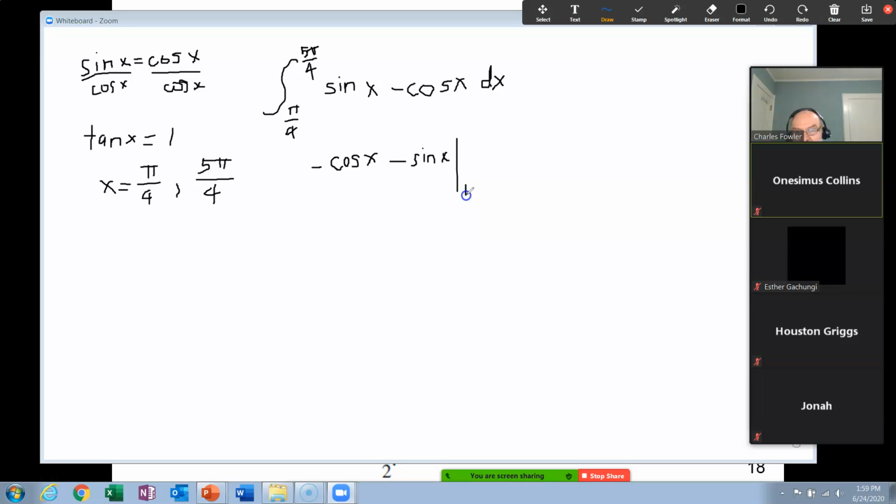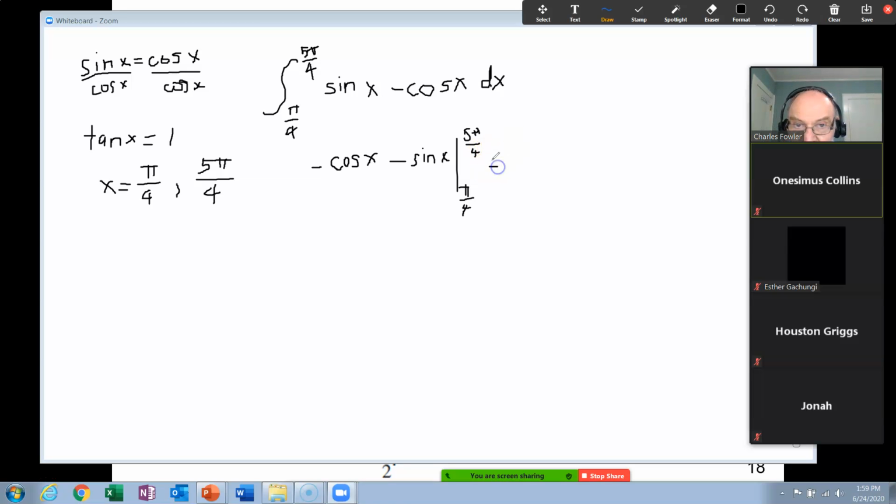Well, let's see, you're going from pi fourths to 5 pi fourths. That's supposed to be a pi. It doesn't look like it. 5/4 pi. Okay. That was deadly.